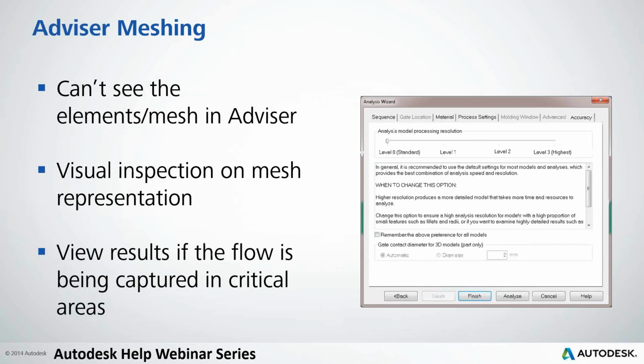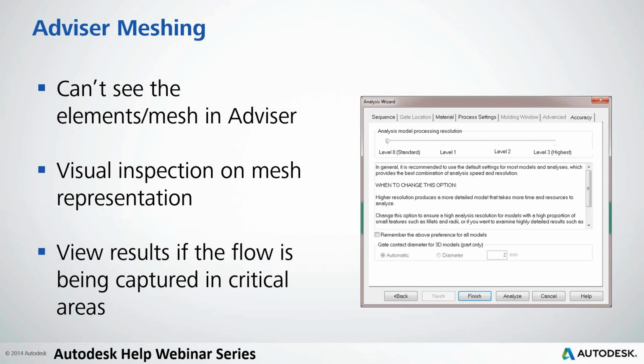You'll see more of just a green part, so your CAD geometry imported into Advisor. Advisor actually meshes the part whenever you click to analyze the part. If you look at the status bar, you'll see a stage that's called processing. That's actually when Advisor is applying that mesh to it. So whenever it's processing, it'll apply that mesh but still keep it hidden from your view, which is perfectly fine.